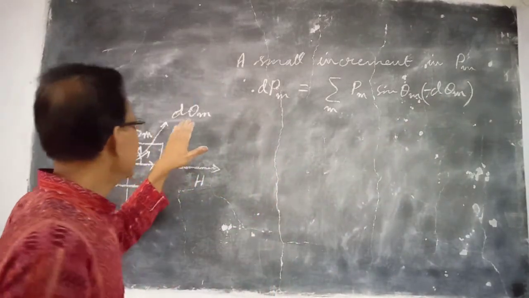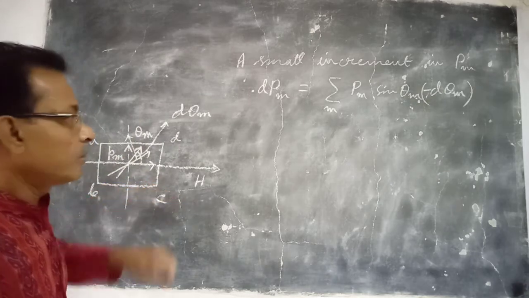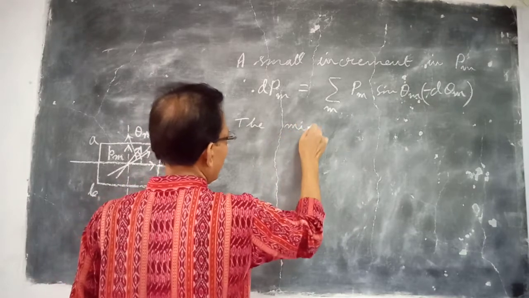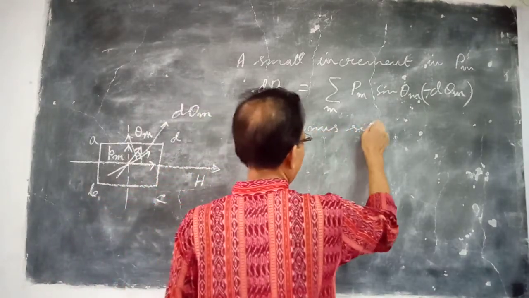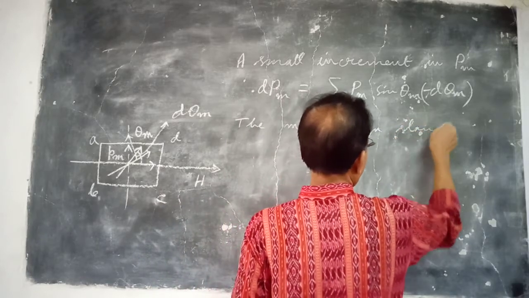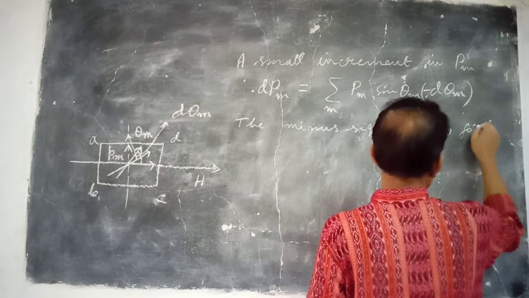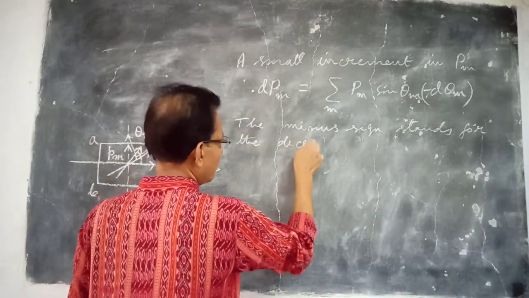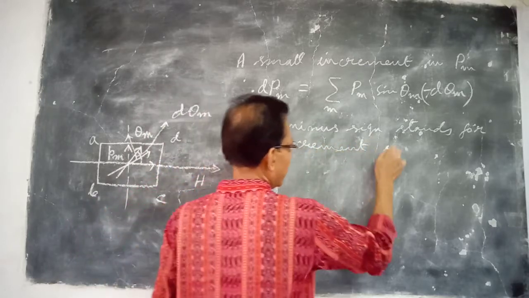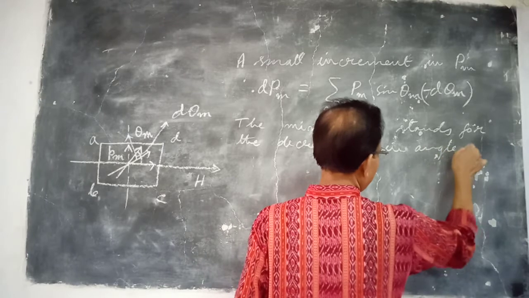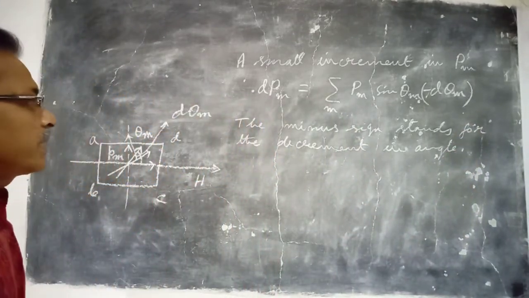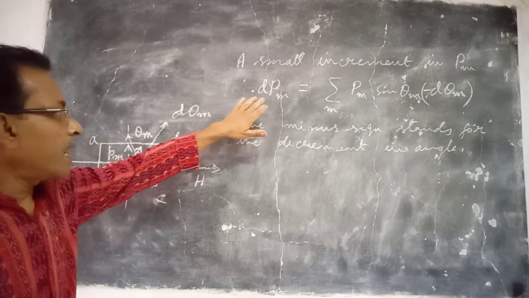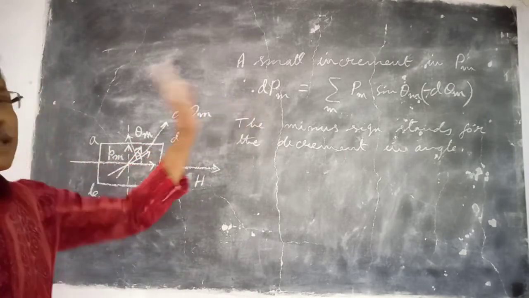The minus sign stands for the decrement in angle. Physically, this means as theta decreases, Pm increases, or as Pm increases, theta decreases.